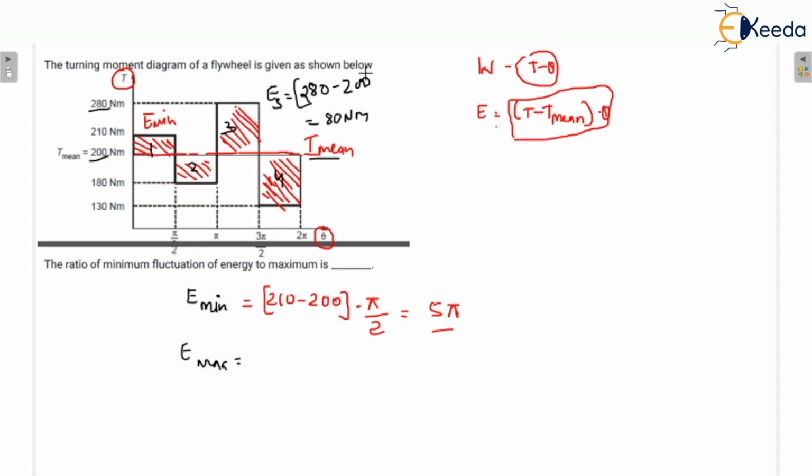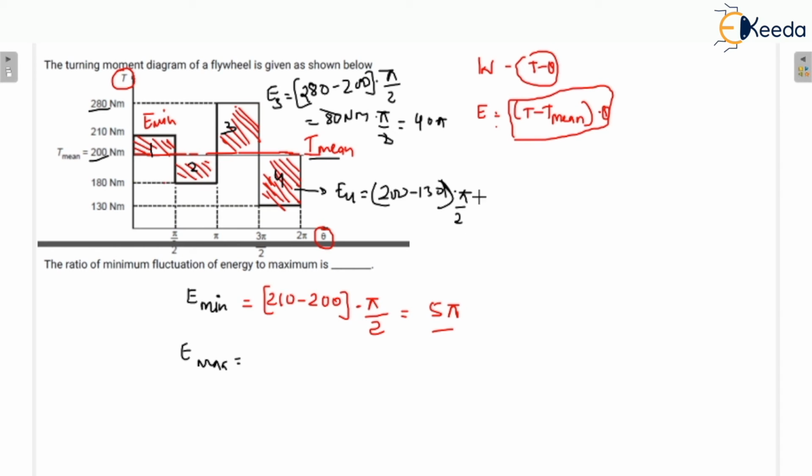This is the torque. We need to multiply it with the width, that is 3 pi by 2 minus pi, which is pi by 2. So you will get here 40 pi. When you solve E4, you will get 200 minus 130, multiplied by 2 pi minus 3 pi by 2, which is also pi by 2.